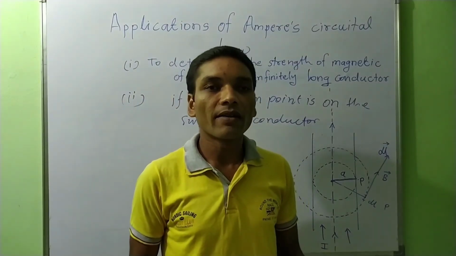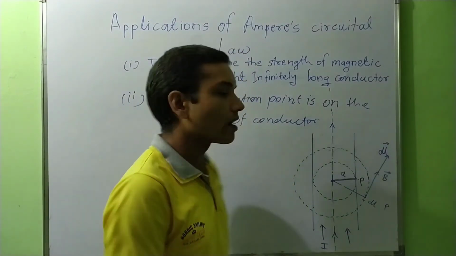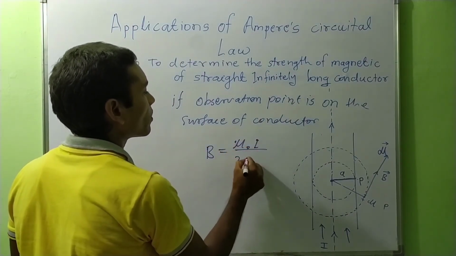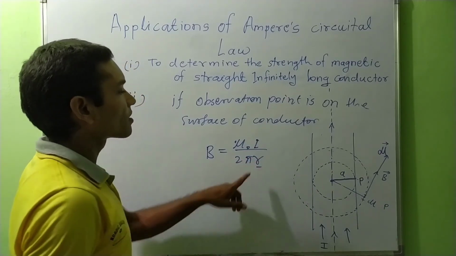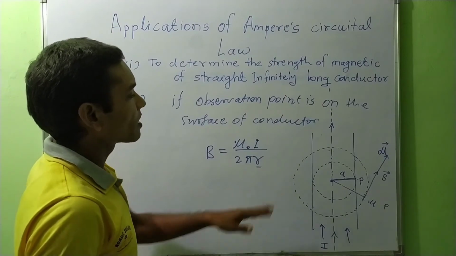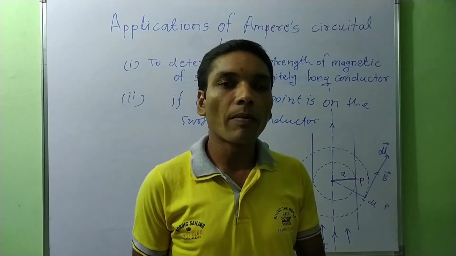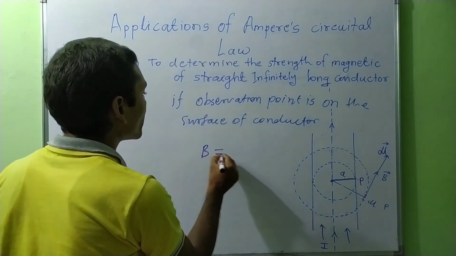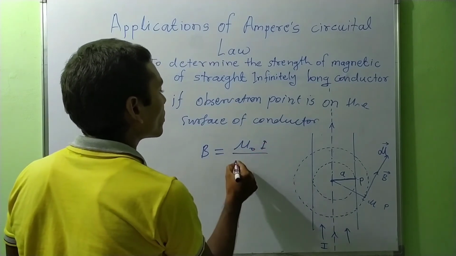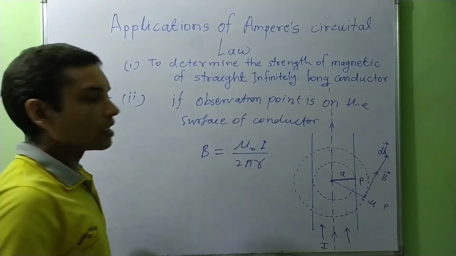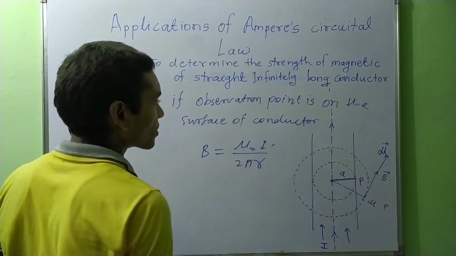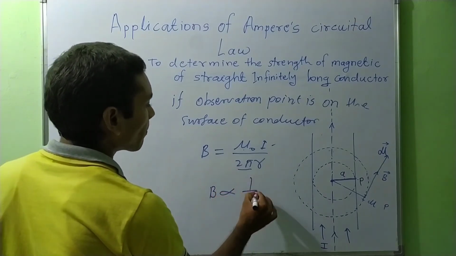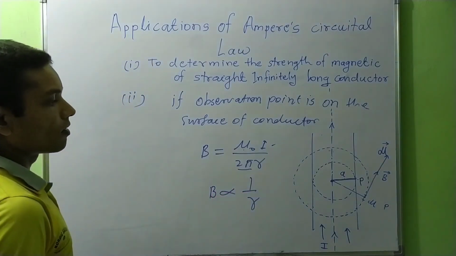The strength of magnetic field outside the straight current carrying conductor is B equal to mu naught I upon 2 pi r, where r is the distance of the observation point. Here mu naught is constant, I is steady current, 2 pi is constant, which means B is inversely proportional to r.